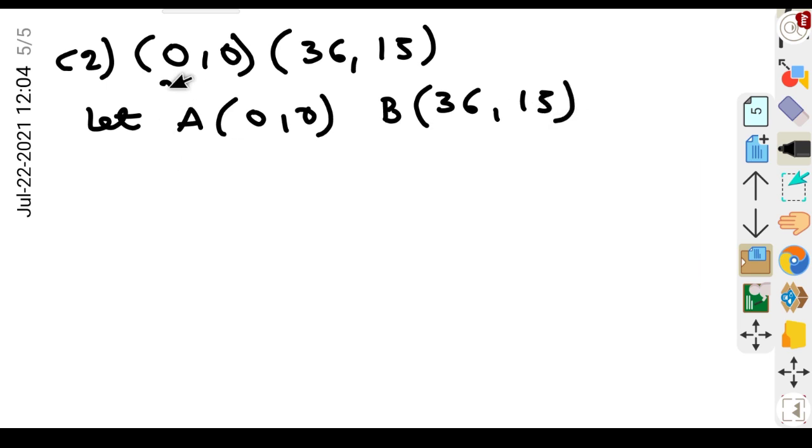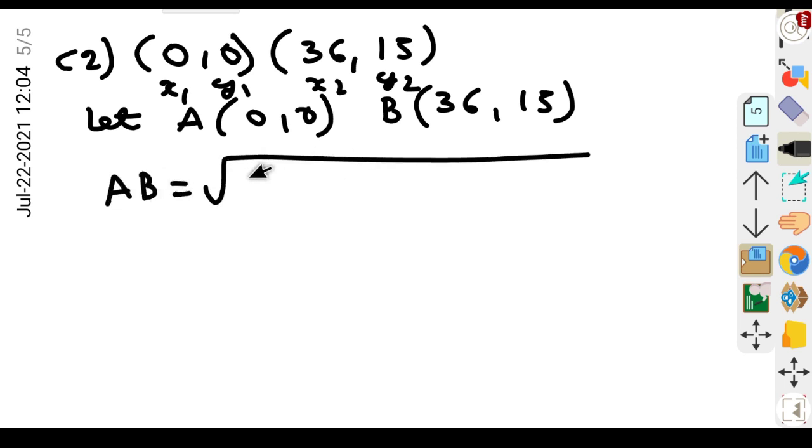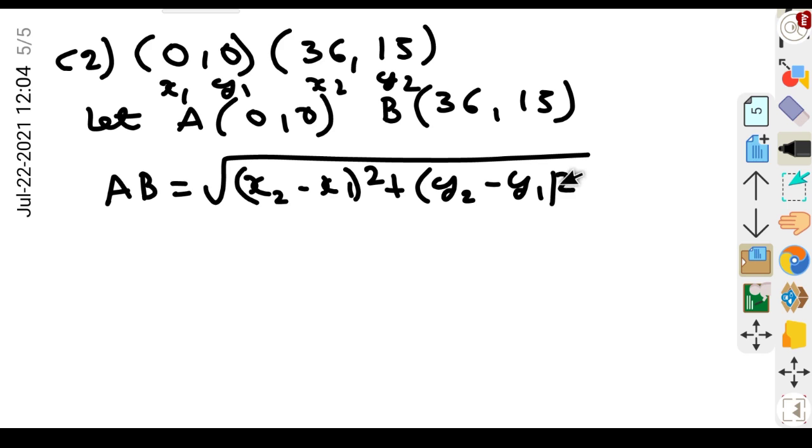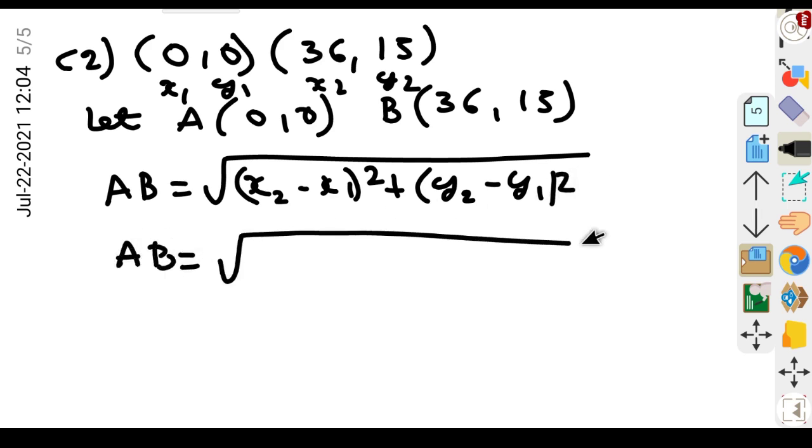So call these x1 y1 and x2 y2, correct? Here you need to find the distance between AB. So AB equals the square root of, the formula is (x2 minus x1) whole square plus (y2 minus y1) whole square. Now you have the values, apply the values to the formula and simplify it.